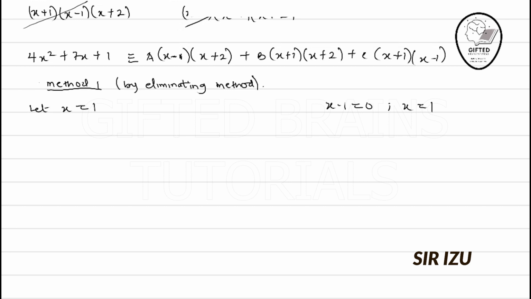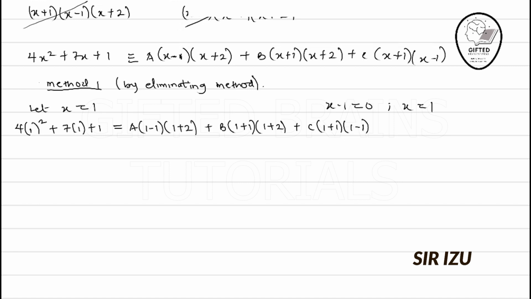So if I do that, this will simply eliminate a and c, because from the a, 1 minus 1 will give me 0. So everything here should be 0, and everything here too should be 0. So at the end of the day, I'm simply left with, summing the left hand side up, I will have 12, and then on the right side, I'm going to have b times 2 times 3, and that will give me 6b.